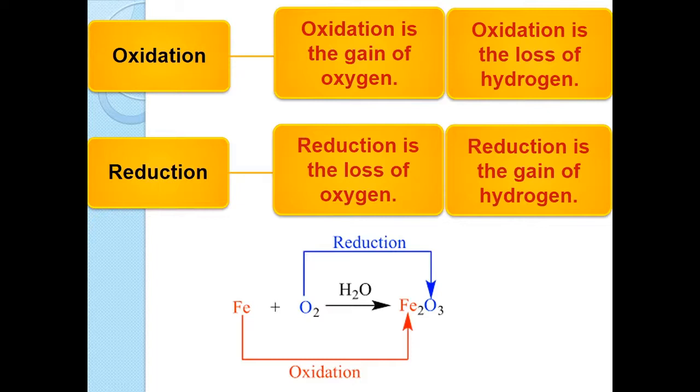Reaction of iron with oxygen to form ferric oxide. Iron is getting combined with oxygen, hence this is oxidation, and here oxygen is combining with iron. This is actually reduction part, and it will be explained how this is reduction in our next slide.